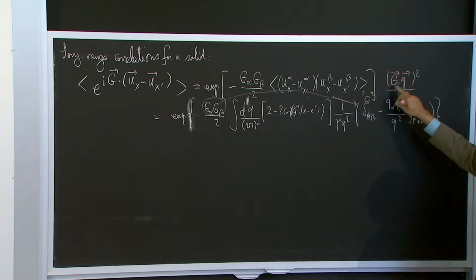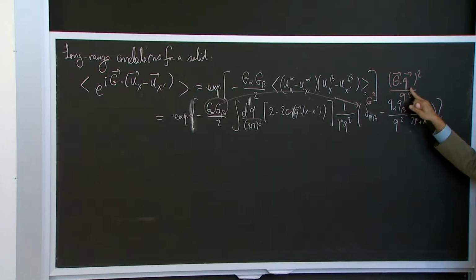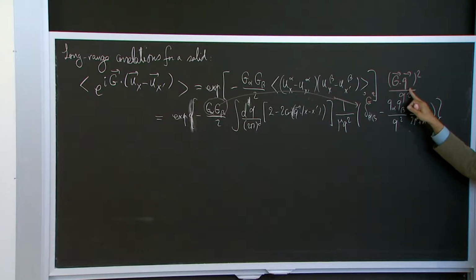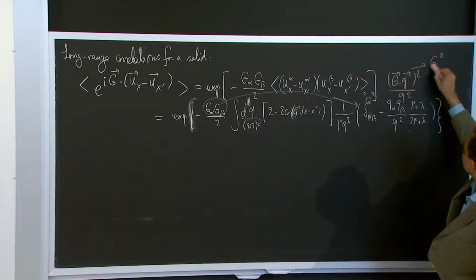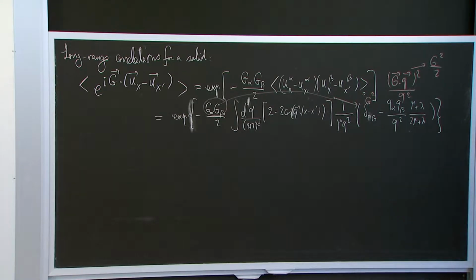So as far as the angle is concerned, there will be something like a cosine squared here. And the rather unconventional thing to do is to angular average that first and write this as g squared over 2.